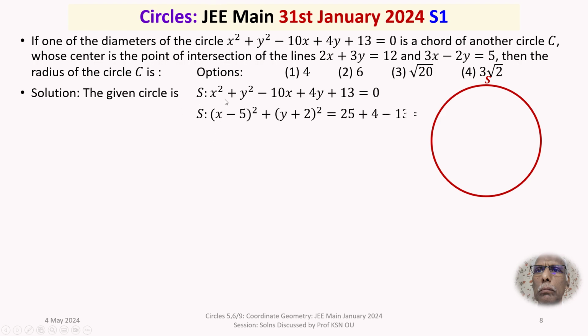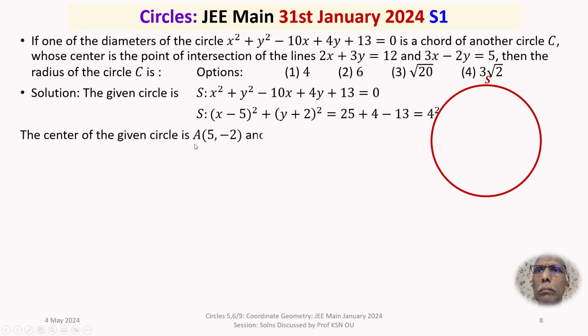S is written as x minus 5 whole square plus y plus 2 whole square, since y square plus 4y will give you y plus 2 whole square. Now adjust the terms: 5 square is 25, 2 square is 4, plus 13 shifted to the other side, minus 13. That will be 16, that is 4 square. So it's a circle with the center at 5 comma minus 2 and a radius 4.